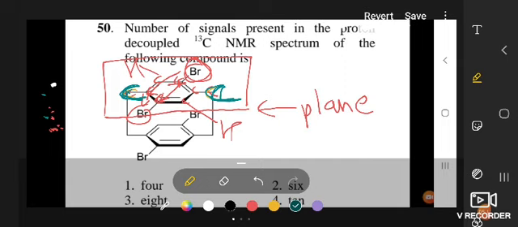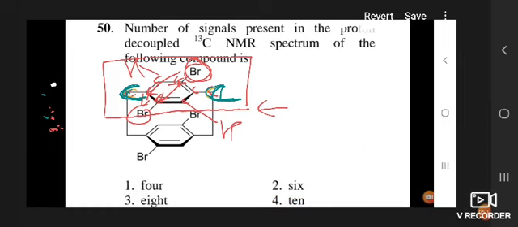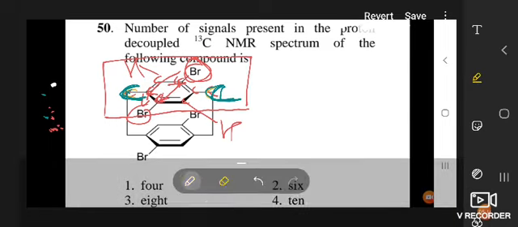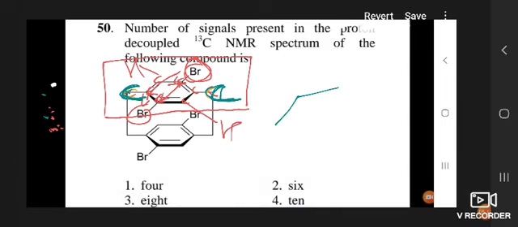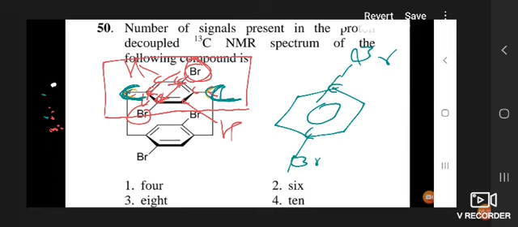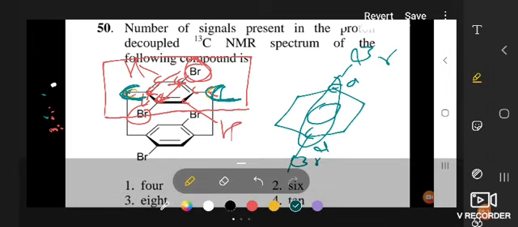Okay, so here if this is our structure, this is the ring, and these two carbons, suppose they are A, because they have a center of symmetry.